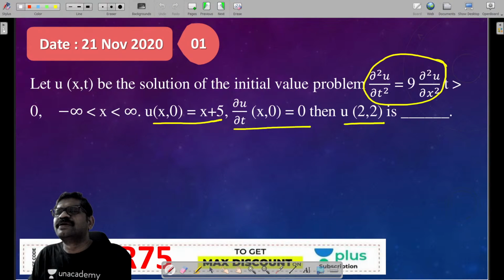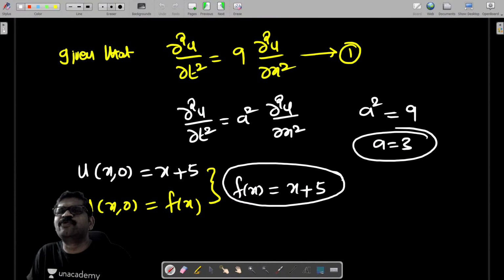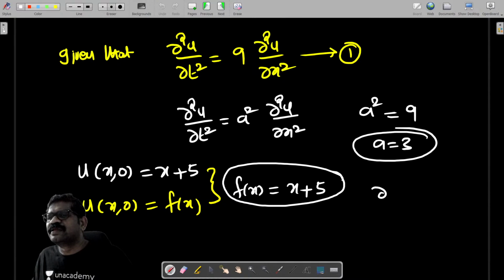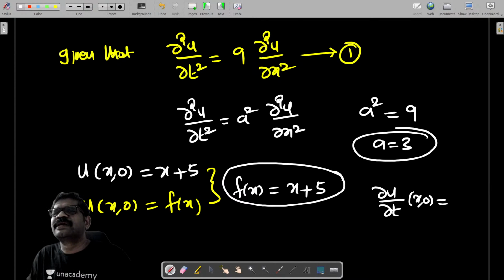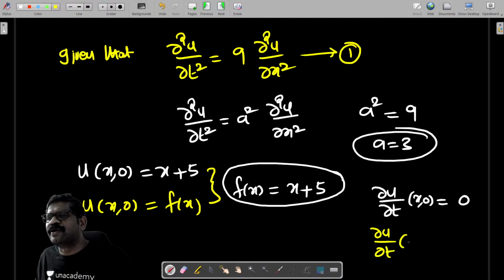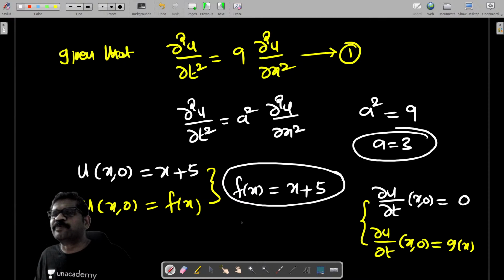Next, del u by del t of x comma 0 is 0. Now, initially the velocity del u by del t of x comma 0 is given as 0. Generally, this is represented by g of x. By comparing these two equations, we can write g of x is 0.